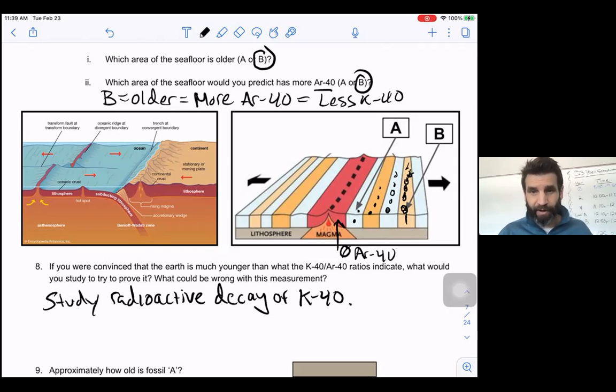You'd have to be an expert in physics and chemistry, spend a lifetime studying it, understand the details of how scientists measure radioactive decay of potassium 40, and then discover some error in there that would lead to a massively wrong prediction. And scientists try to do this.